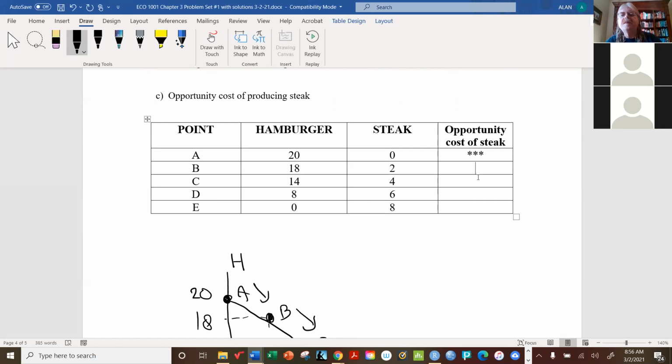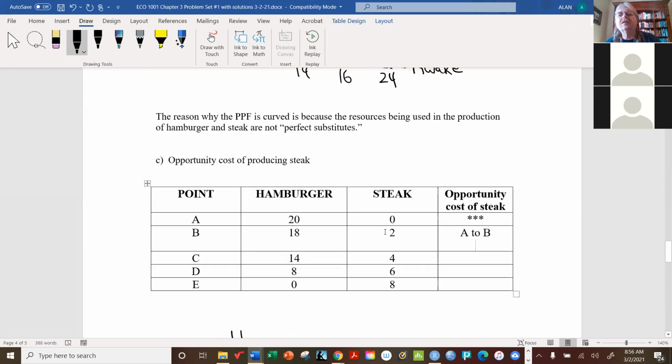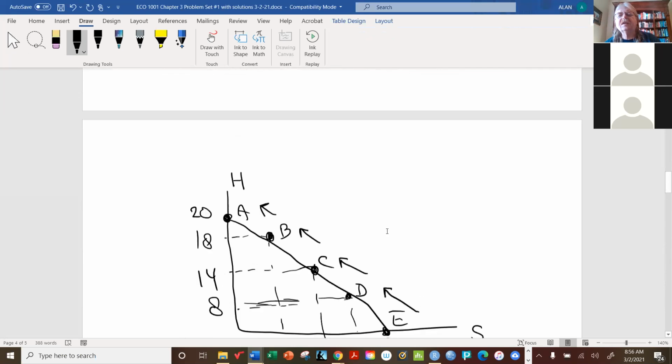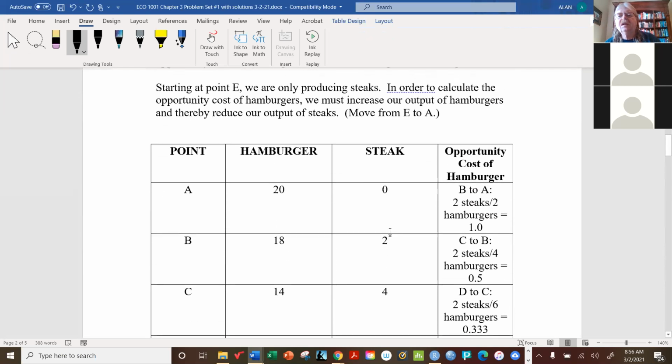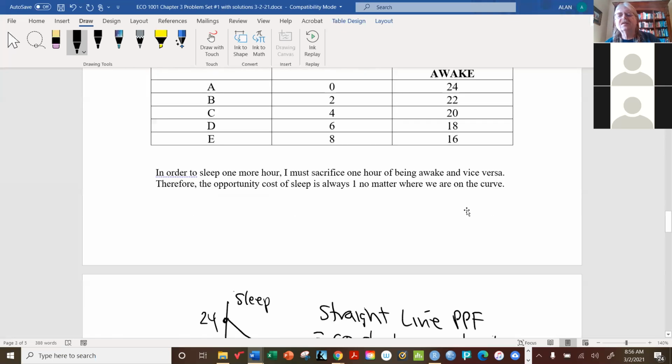From A to B, we have two, in this case, as we go from A to B. Now, because it's the opportunity cost of steak, we always put in the numerator, what are we giving up? All right, so just like up here, we're going to list the number of hamburgers that we had to sacrifice. And then we're going to list the number of steaks that we gain. Okay, so sacrificed burgers go on the top.